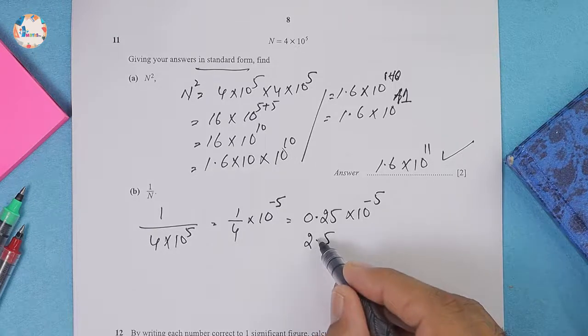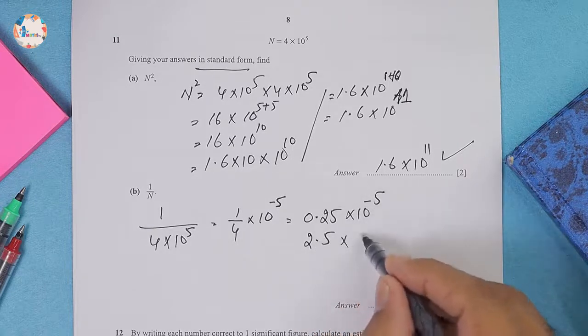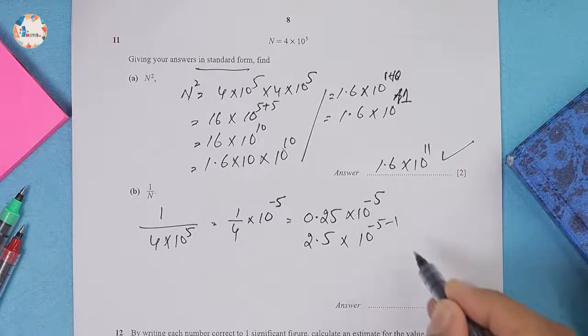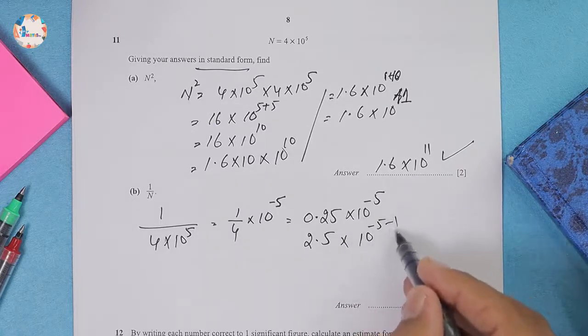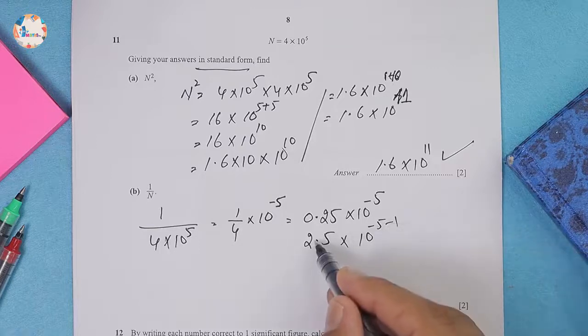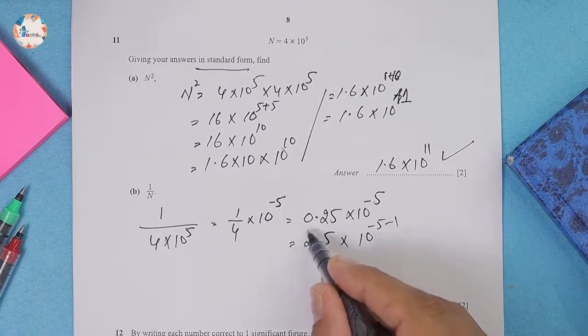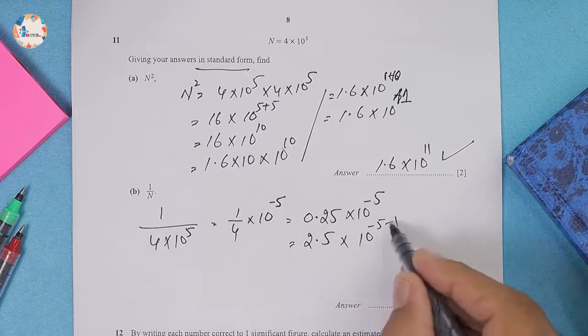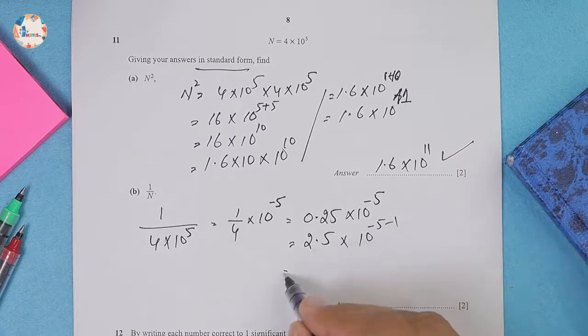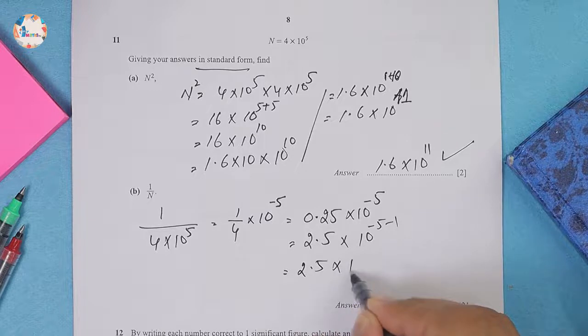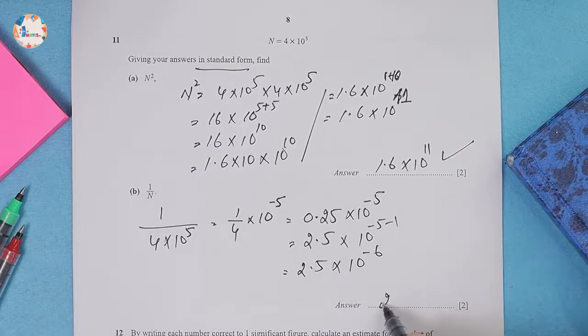The decimal has taken 1 jump, so we subtract in the power: minus 1, which we have inserted because of this decimal movement to the right. If the decimal movement is to the left, we add 1. So the final result will be 2.5 into 10 raised to the power minus 6. This will be the final answer, a 2-mark question.